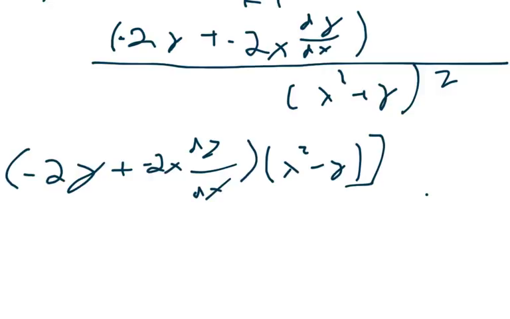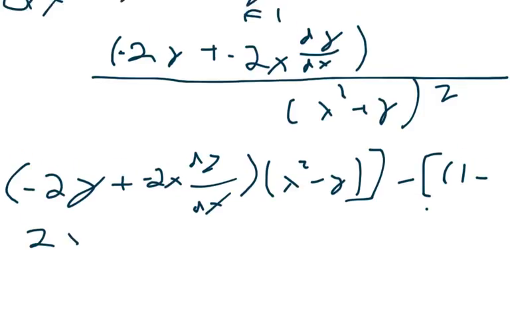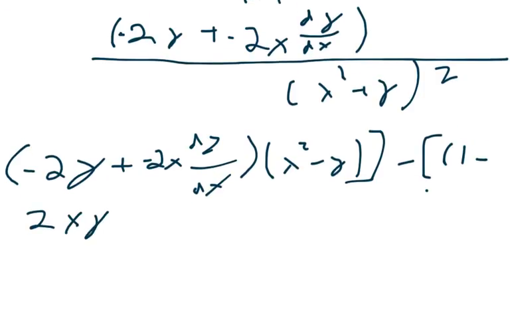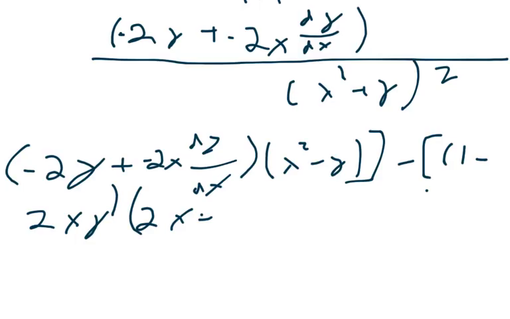And then it will be subtracted by, there is not enough room on here, I will just continue underneath, 1 minus 2xy times 2x plus d of y over d of x to finish off the quotient rule.